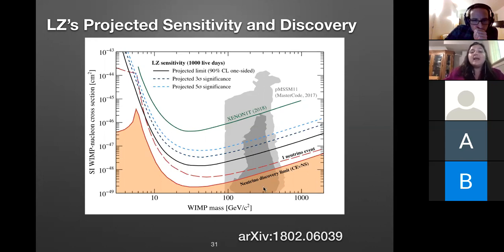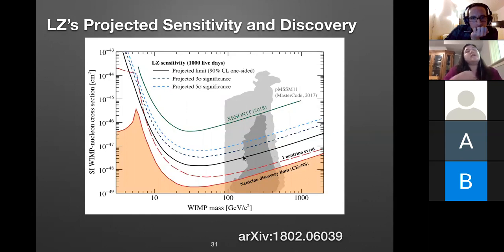In gray are particularly interesting areas of supersymmetric space where a dark matter particle could still exist once you take into account all the limits on supersymmetry that come from other physics experiments like the LHC. Green shows in this parameter space what the XENON1T result was. Black is what we expect after 1,000 days of running LZ, where our sensitivity would be.